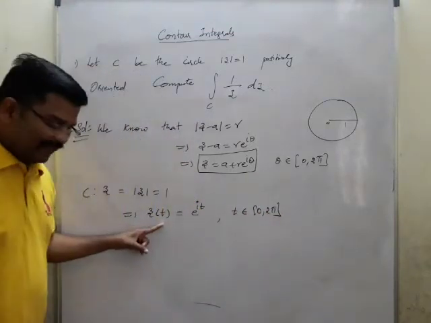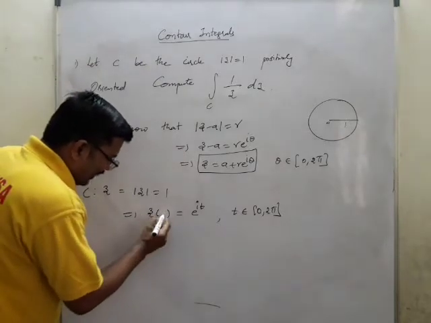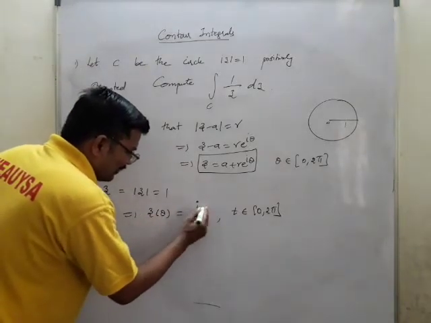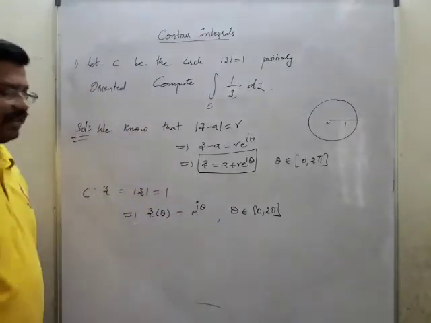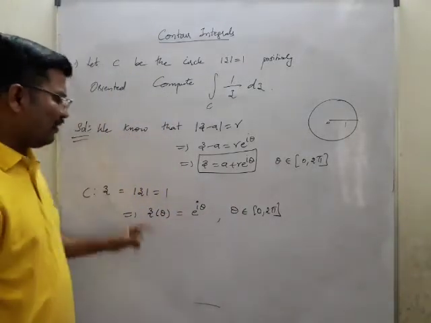You may take z of theta also here. You can replace this with theta, so theta belongs to 0 comma 2 pi, or you can take t also.